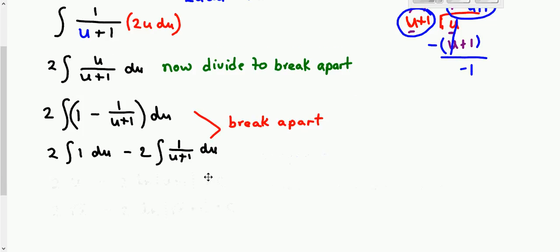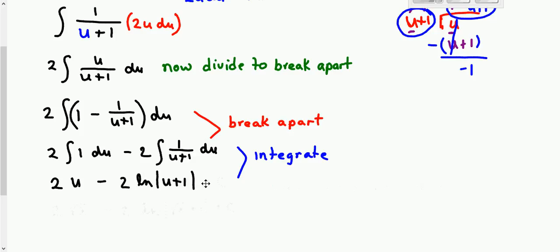Everything here can be integrated. We can integrate 1, we can integrate 1 over u plus 1, okay? When we integrate, we'll get 2 times u, minus 2 times, this is an ln, u plus 1 will be inside the absolute value. And then we have plus c.